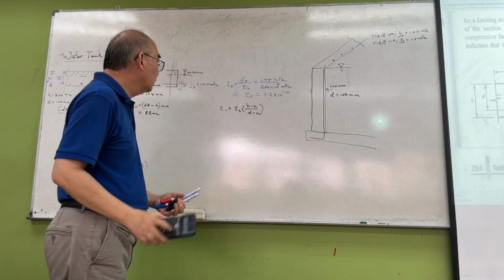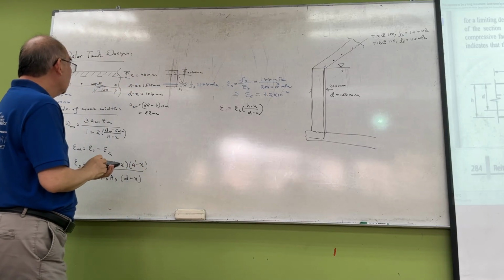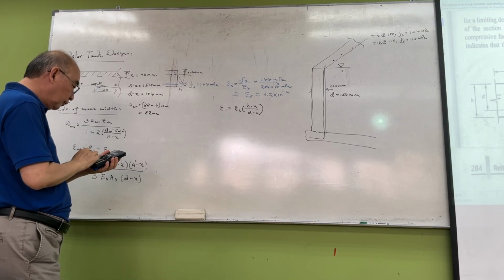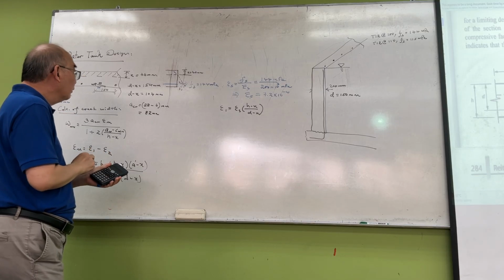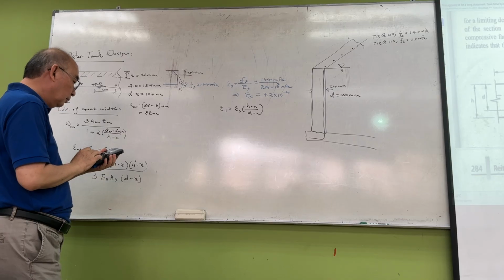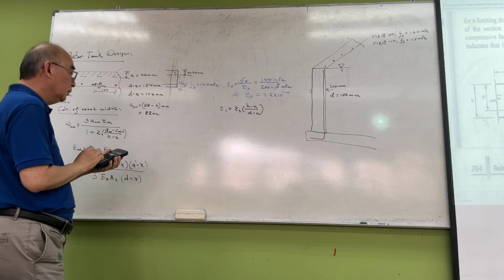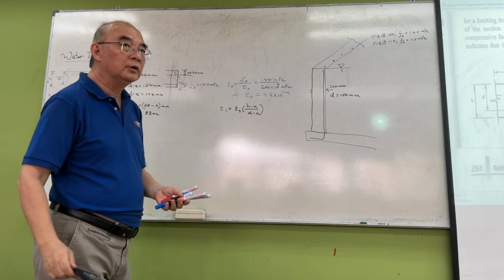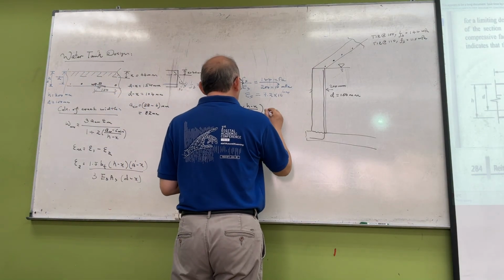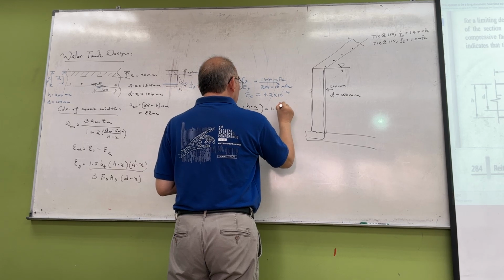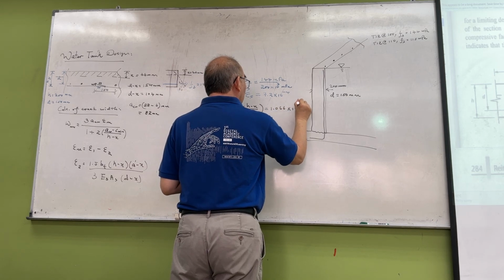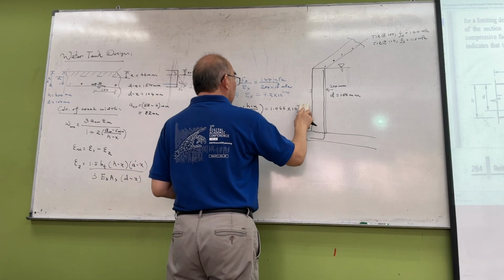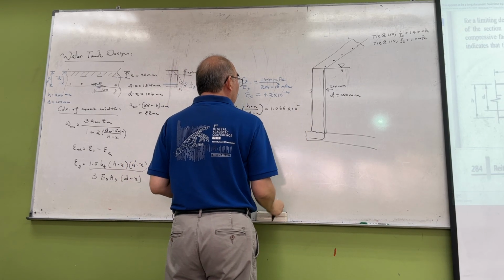Someone just calculated. h minus x is 154. 154 divided by 104 is 1.48, multiplied by epsilon s, 7.2, so 1.066 times 10 to the negative 3.